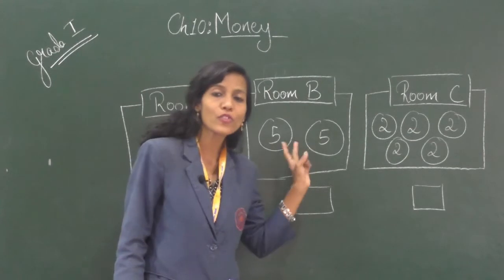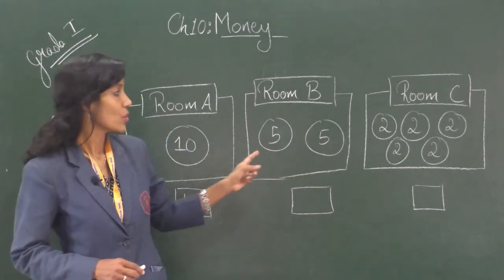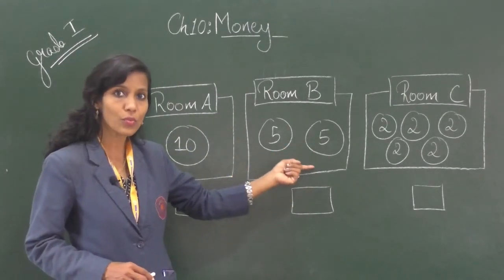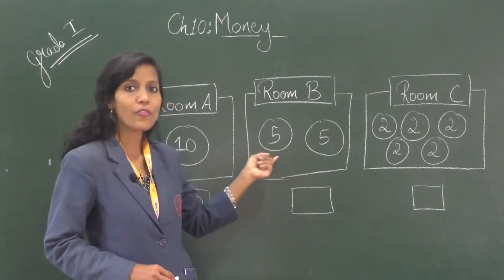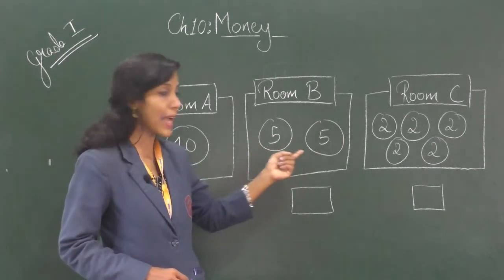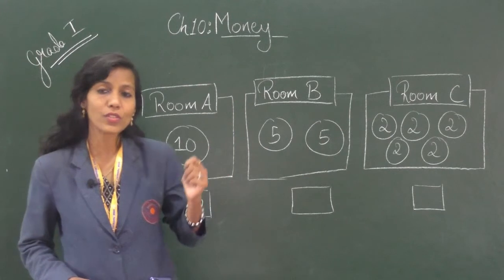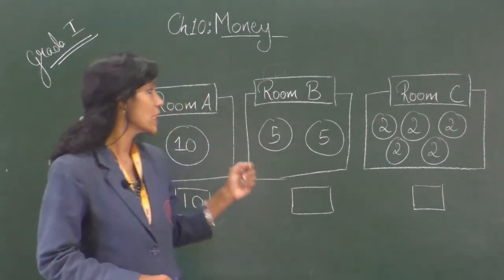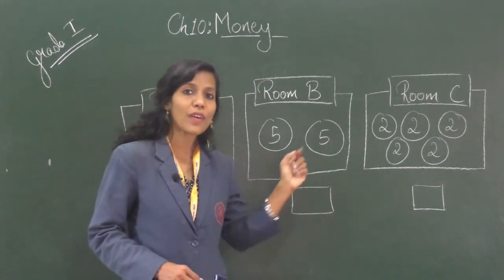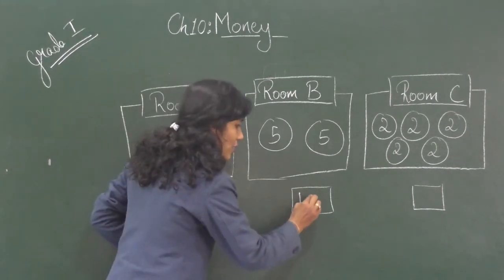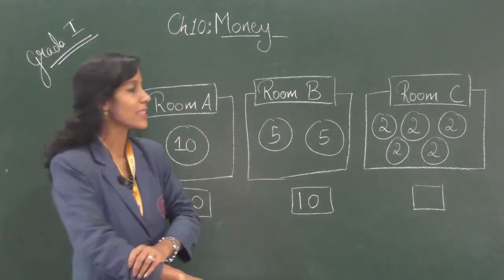Now the value of two 5 rupee coins: 2 groups of value 5 each. So what do we do? Yes, 2 into 5, the value is 10, right?